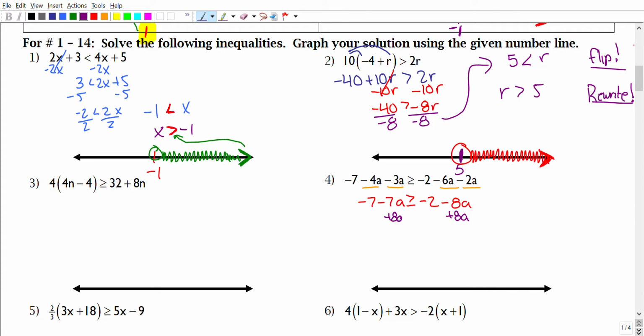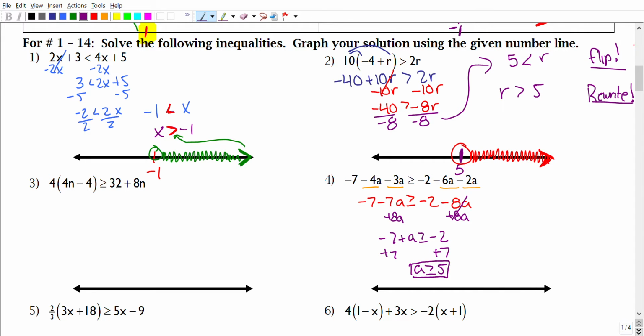So I'm going to add 8a. I get -7 plus a that's greater than or equal to -2. Final step is to add the 7. Got a little ahead of myself there. So I get a is greater than or equal to 5.